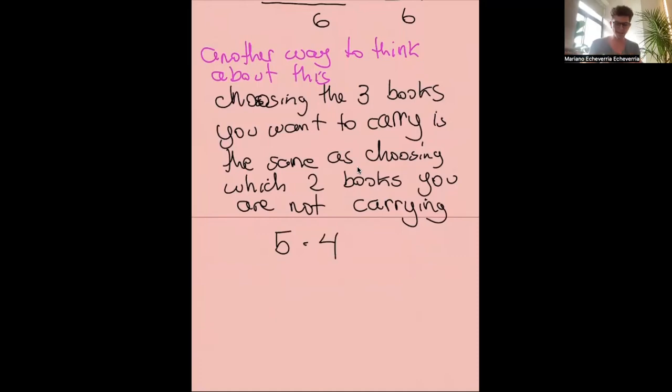AB and BA would refer to the same collection of 2 books you're not taking with you. So the number would be 5 times 4 divided by 2, which is 20 divided by 2, which is 10. Is that making sense? So that's another way to think about this problem.